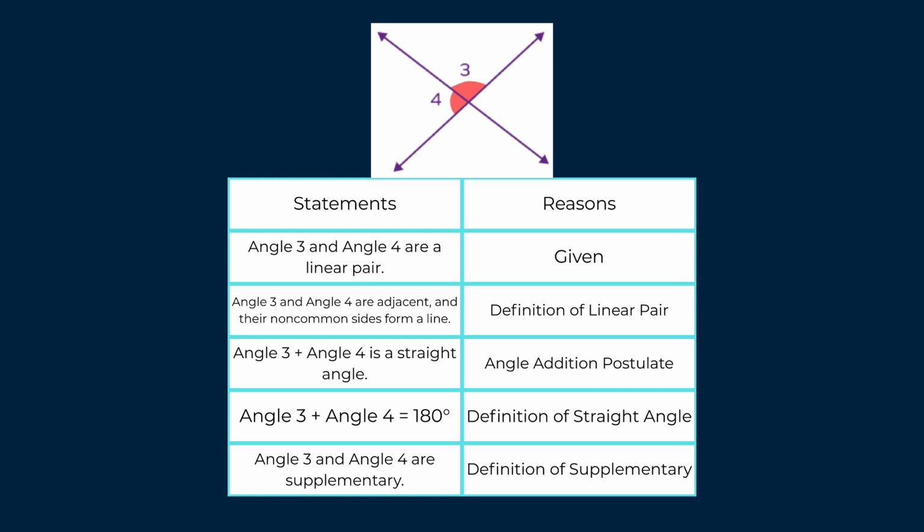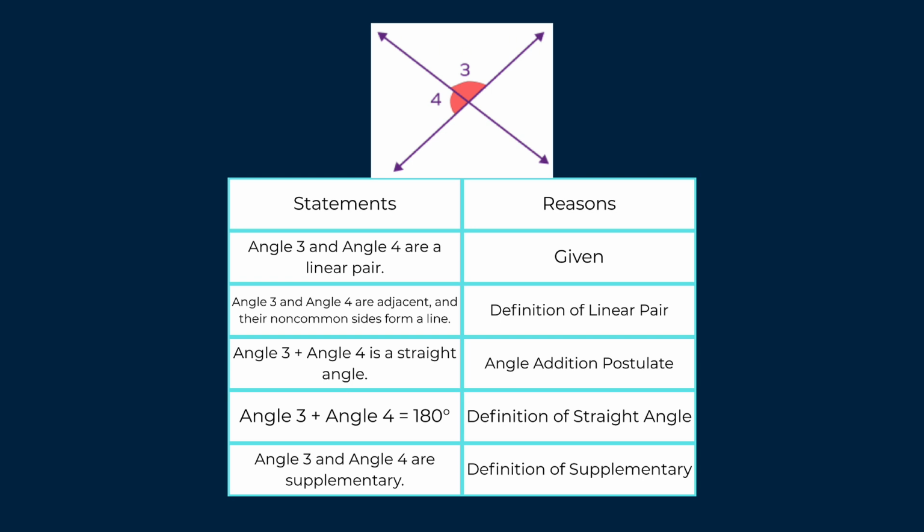They just form a line, and then the line that intersects through it forms adjacent angles where the non-common sides form a line. Meaning that angle 3 plus angle 4 should be a straight angle, meaning that their measures must add up to 180 degrees by the angle addition postulate and the definition of a straight angle. Therefore, angle 3 and angle 4, since they add up to 180, must be supplementary to each other, because that's the definition of supplementary.